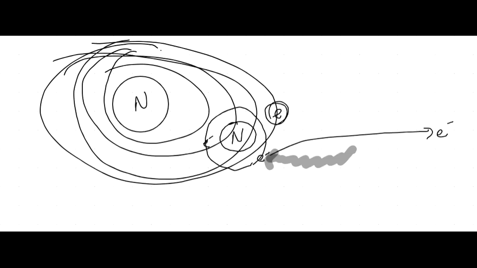Those 2 groups stand out a little bit differently because they've got a filled sublevel, and a filled sublevel is a little bit more stable than one that's partially filled. So that's why we see, even though beryllium is bigger than boron, it's harder to ionize, even though nitrogen is bigger than oxygen, it's harder to ionize.